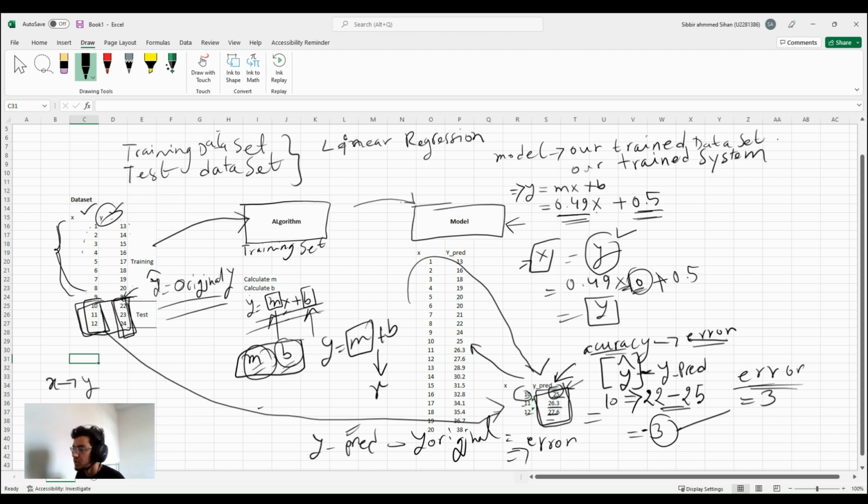This error is also called the cost function. So we want you to understand and really know that this error is going to be called the cost function, and this is going to have some implication down the line in our next tutorial.